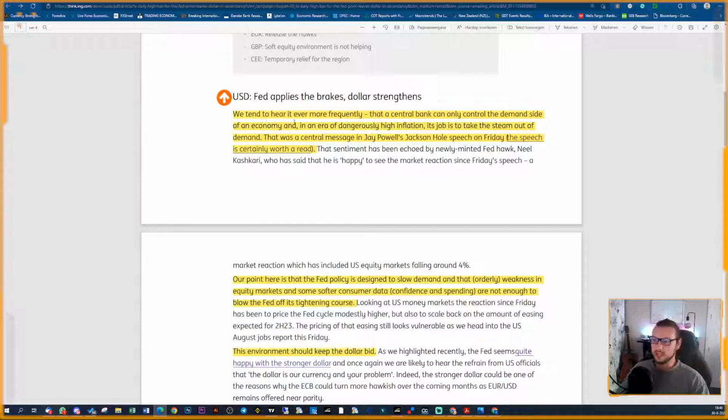We hear it ever more frequently that the central bank can only control the demand side of an economy, and in an era of dangerously high inflation, its job is to take the steam out of demand. That was a central message of Jerome Powell's Jackson Hole speech on Friday. I have the speech here. I think I just shared it in the Discord on the fundamental side.